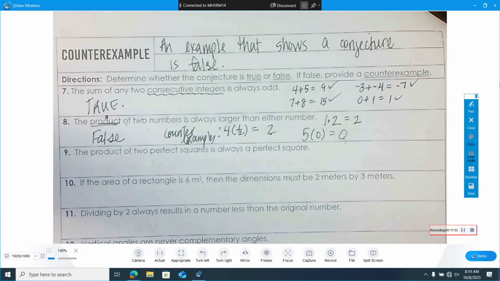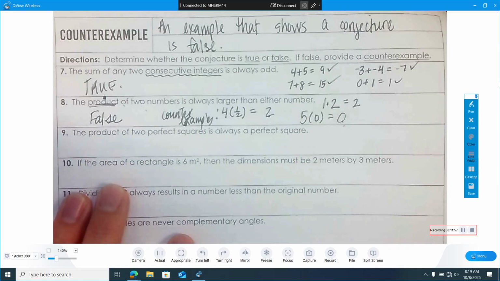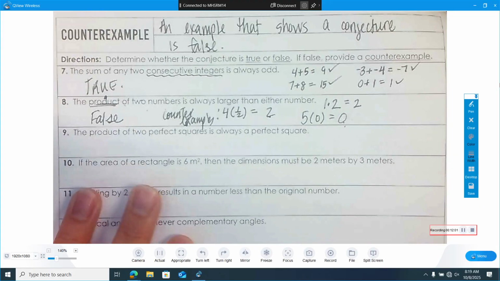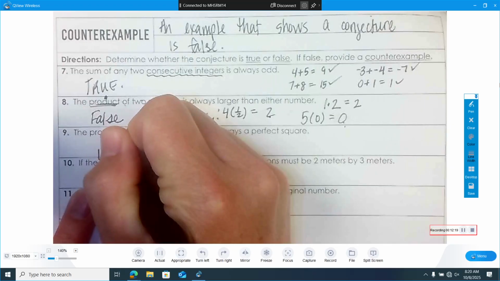So that's definitely a false statement. All right. Let's look at 10. If the area of a rectangle is 6 meters squared, then the dimensions must be 2 meters by 3 meters. True or false? False. So how do we find area, though? Multiplication, length times width.